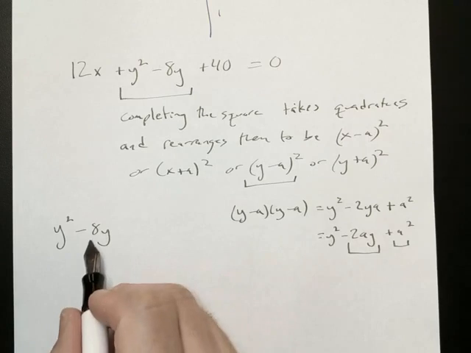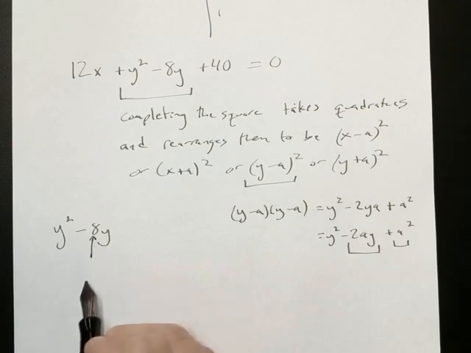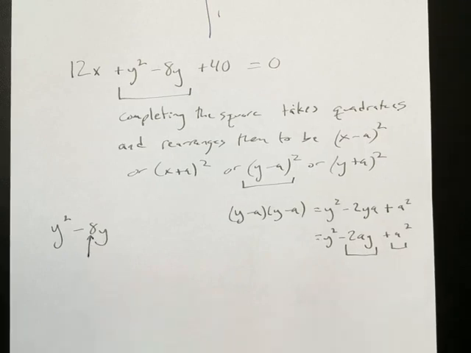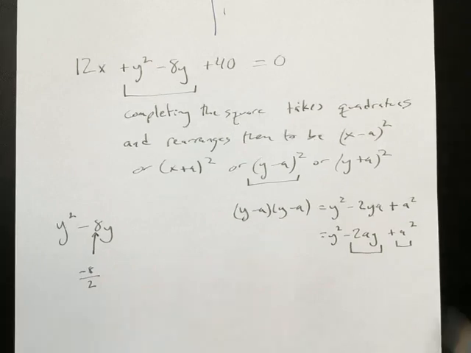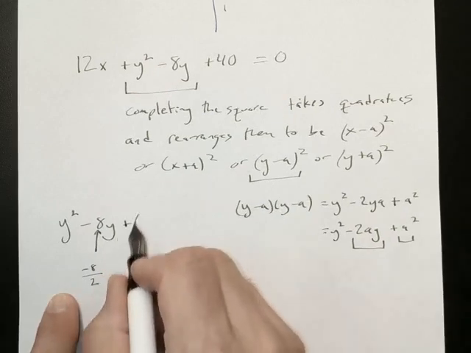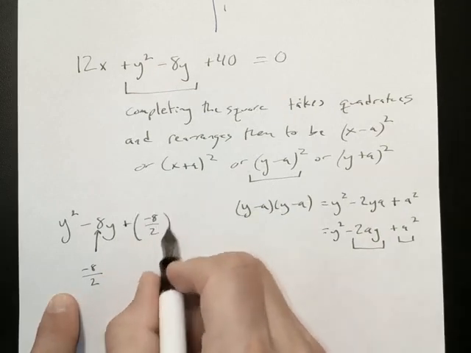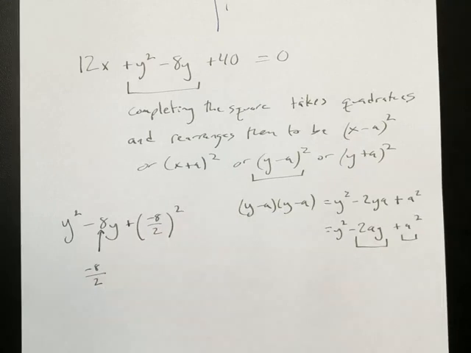So that means here, the a is half of that. And that's the number that needs to go on the end here once I square it. So let's take that number and square it. What's half of negative 8?